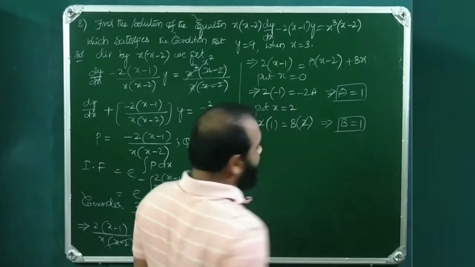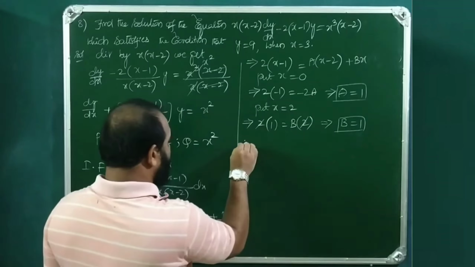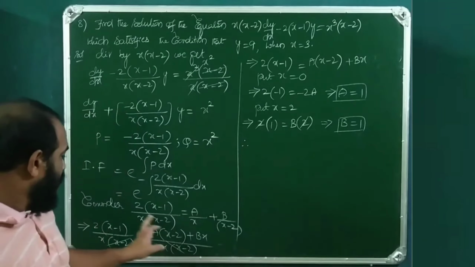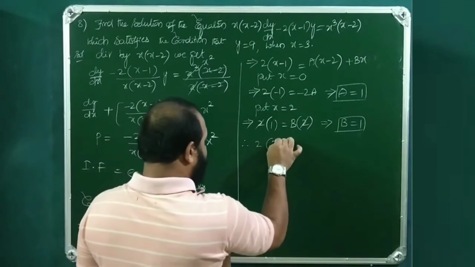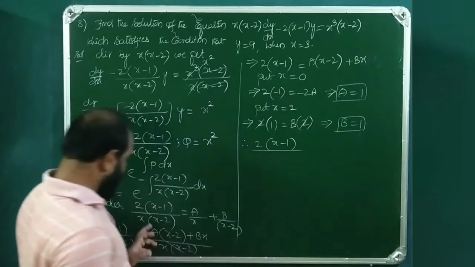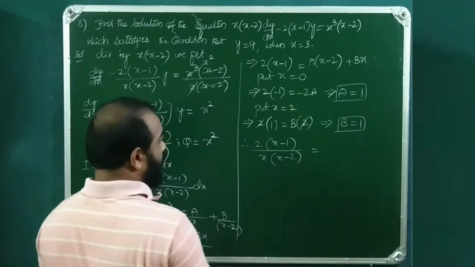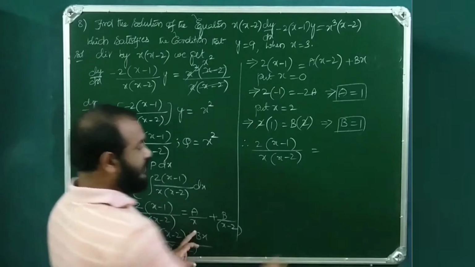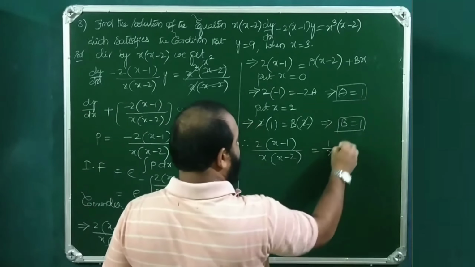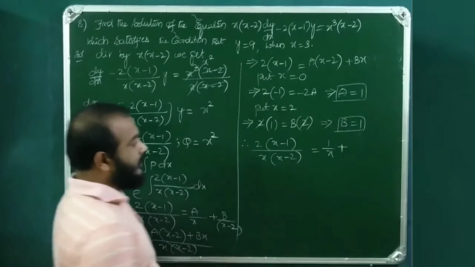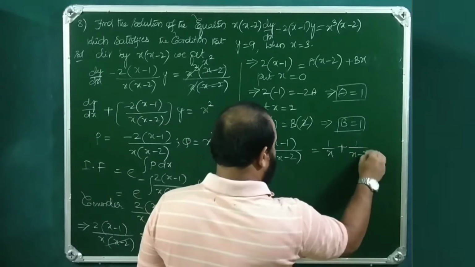So a equals to 1 and b equals to 1, we get that. Therefore, 2 into x minus 1 by x into x minus 2 is equals to a by x, which is 1 by x, plus b by x minus 2, b is 1 by x minus 2.